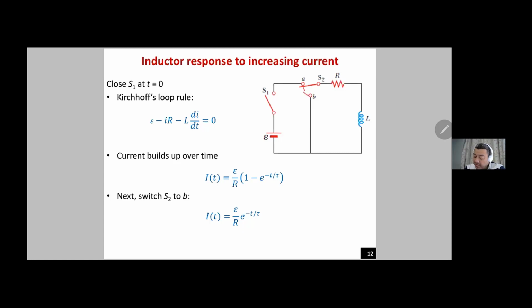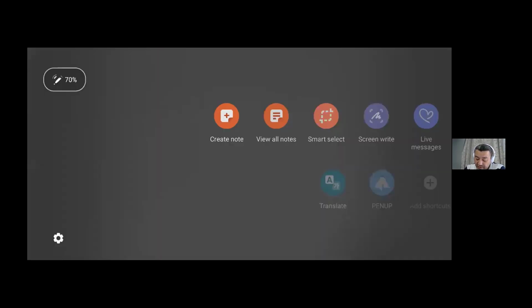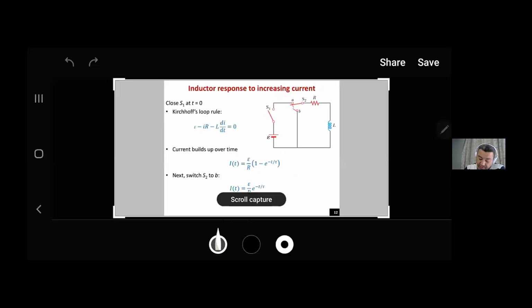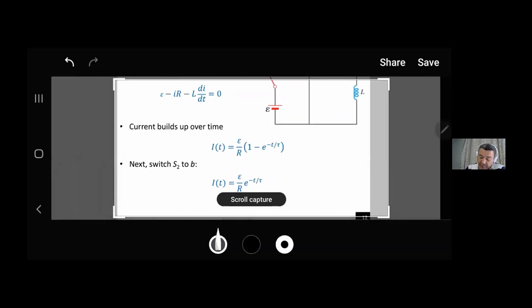The same thing is happening to the current of the inductor. We will see that when the current starts to build up in the inductor, the response also is going to be exponential.